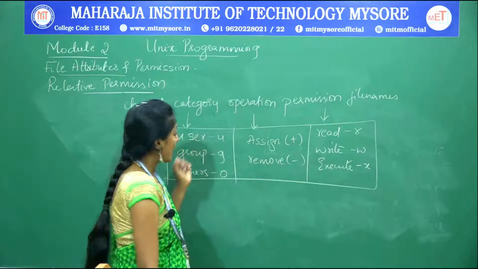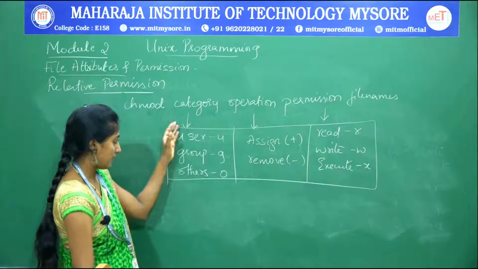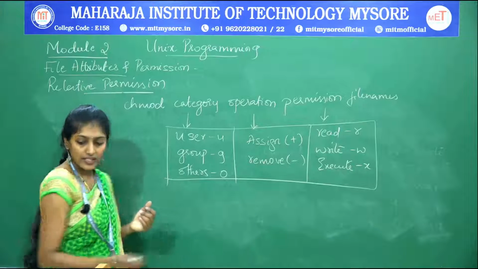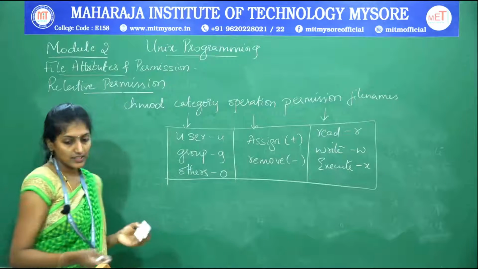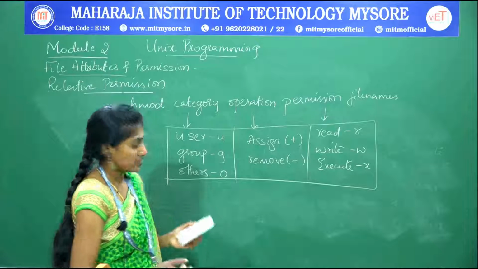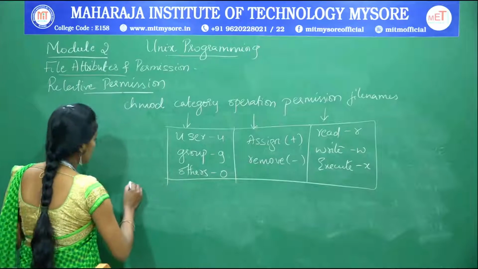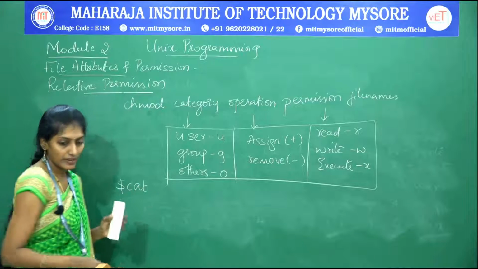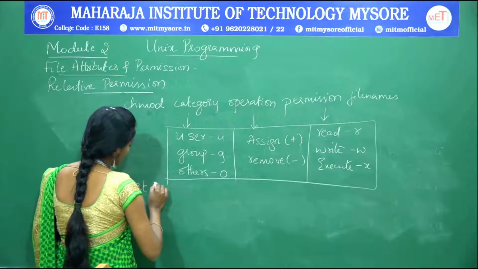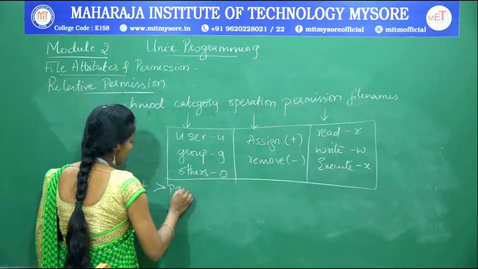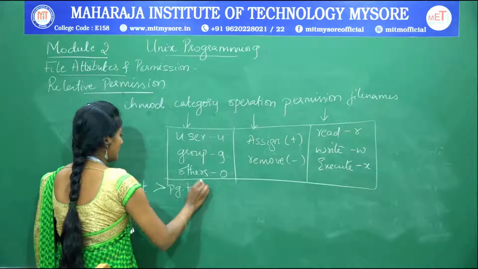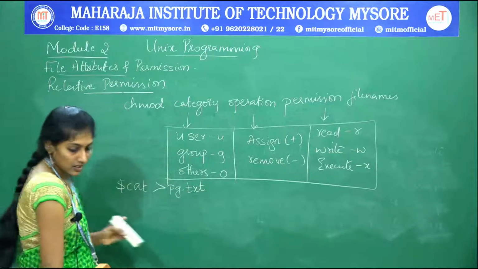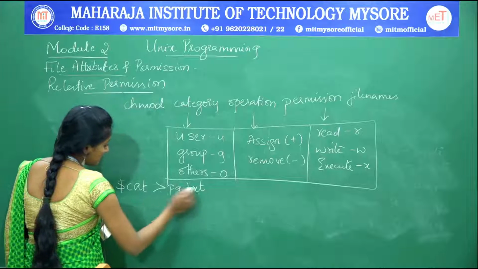After understanding these, now let me show how we are going to assign the permission. Let us consider a file which has a default file permission. Assume that I have created a file with cat, pg.text.